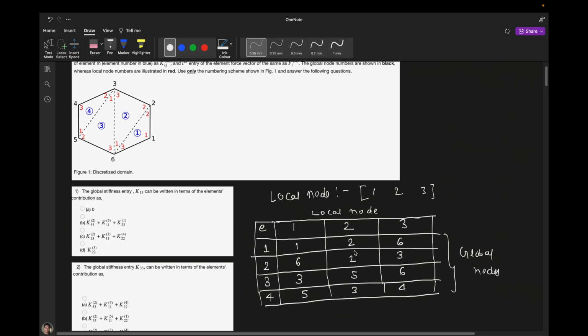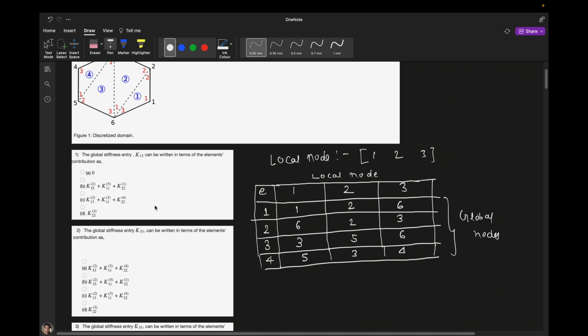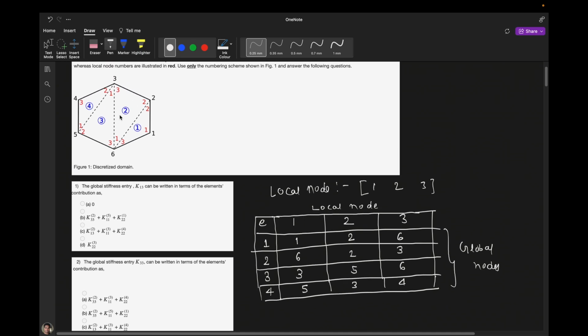Okay, so we can solve all these problems related to the indices by directly looking into this discretized domain. Suppose we are talking about K13. We need to look into the K13 nodes.